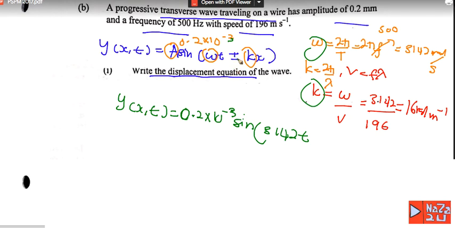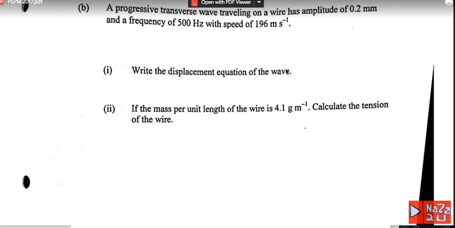You can use either plus or minus because the question does not give you the direction. Plus is for one direction and negative refers to the direction to the right. If you use the negative, we have k here, 16x. So this is the equation. Continue to question number 2.